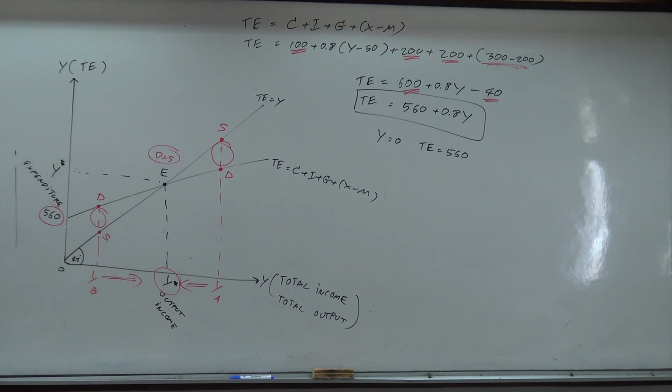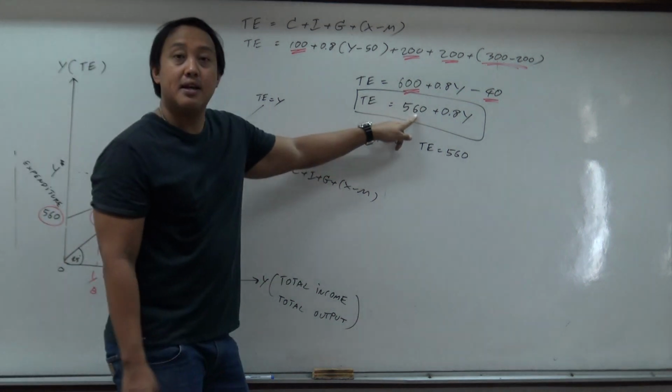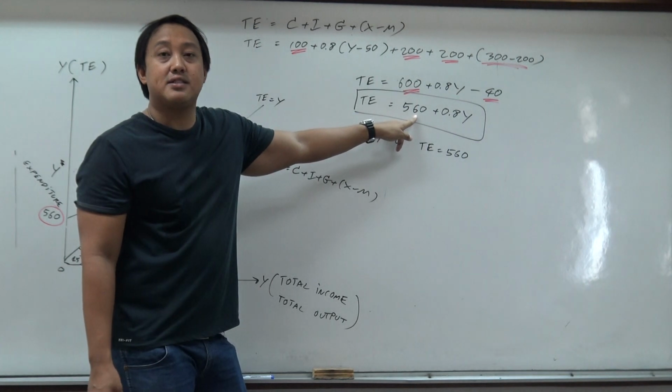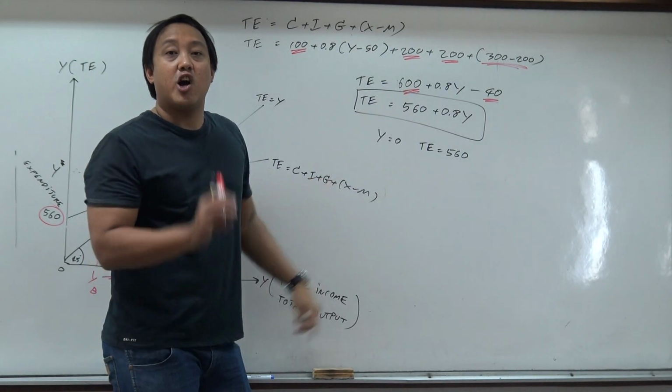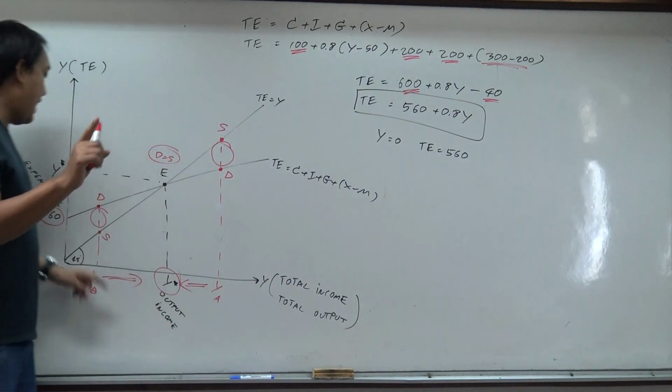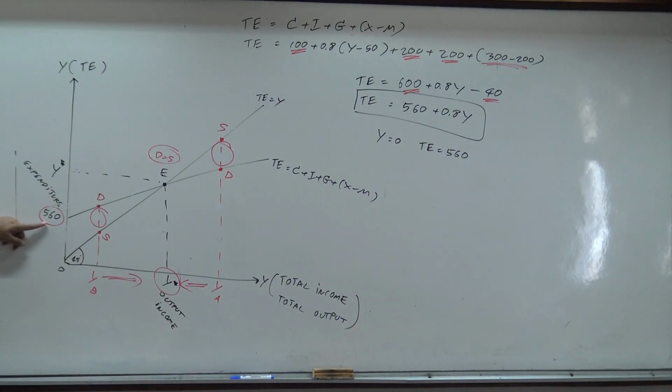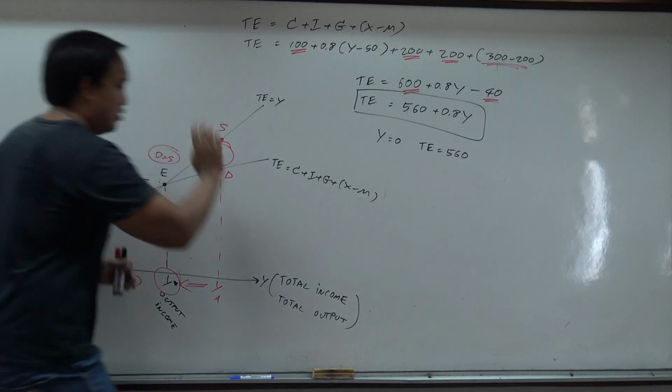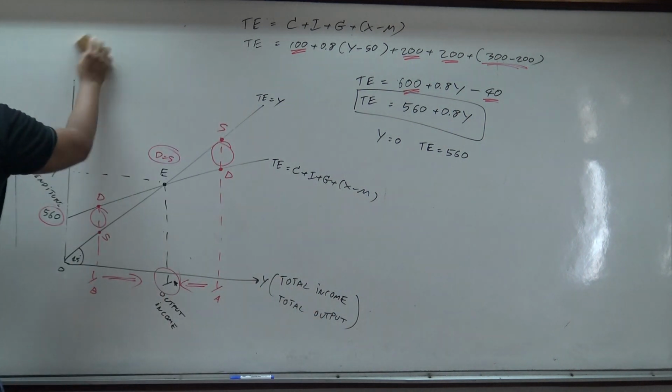Okay? This number means the total expenditure curve is going to start at 560. Let me erase this one.